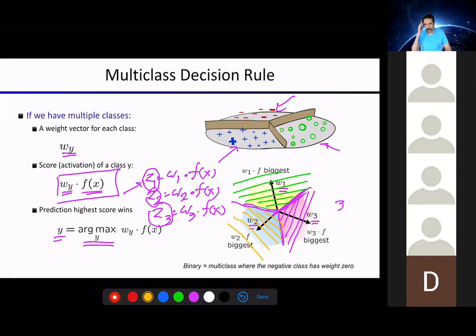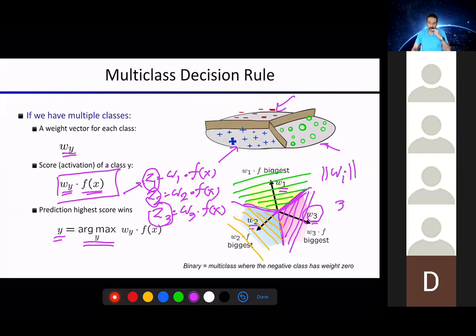Obviously, we are not assuming that these are clearly equal with respect to the space. It really depends on the weights that have been learned. Some of the weights might be larger, some might be smaller, and basically the size of each W determines the space that belongs to this class.